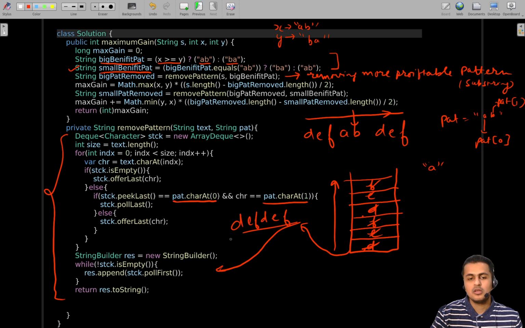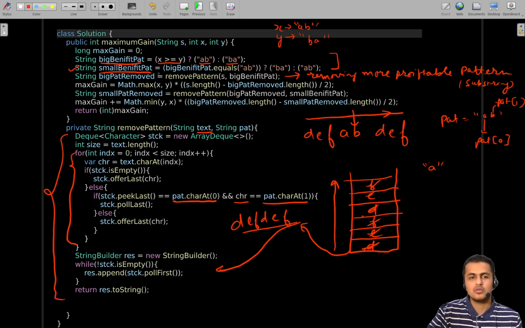Till this traversal of the whole string that was given to us, which was text, character by character, the string was behaving as a stack. And when we were able to see that the top of the stack was consisting of your first character of your pattern, and your current character that you were visiting was your second character, in that case you removed the top of the stack, indicating that you are removing the pattern.